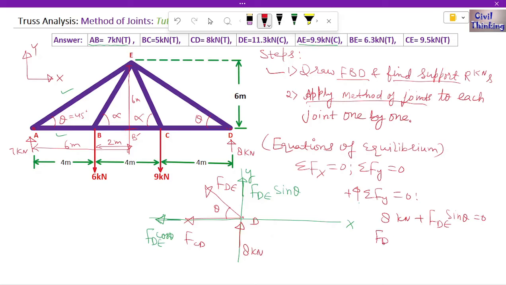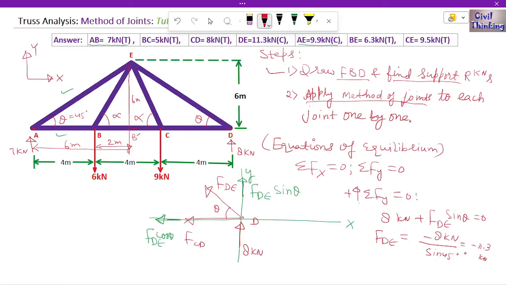So from here I am going to get the value of FDE to be negative 8 kilonewton divided by sine of theta, which is 45 degrees, right? So let us find it using calculator. Minus 8 divided by sine of 45, it is minus 8 square root of 2, so it is approximately negative 11.3.